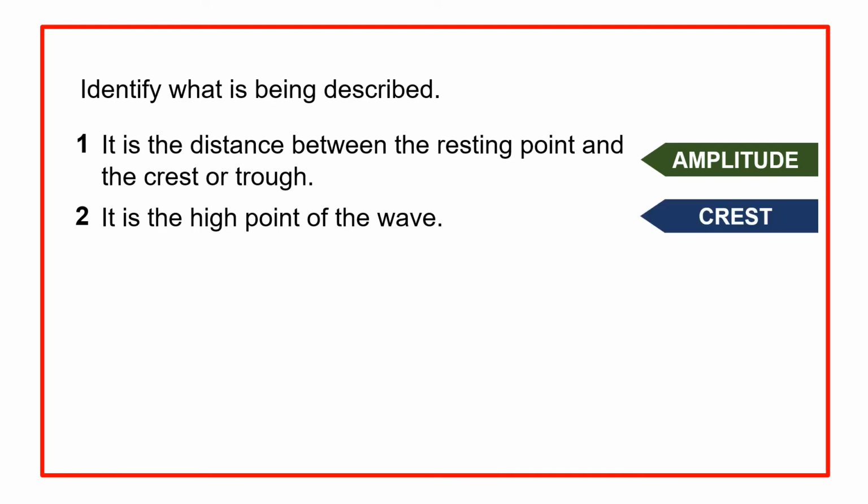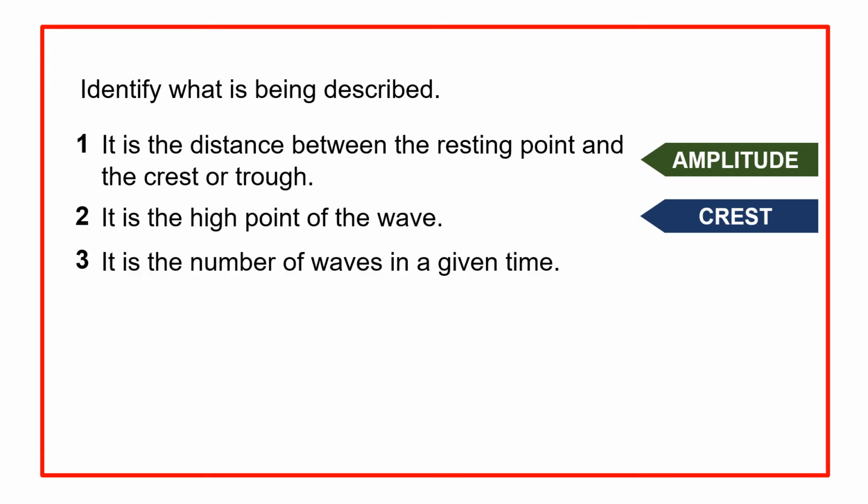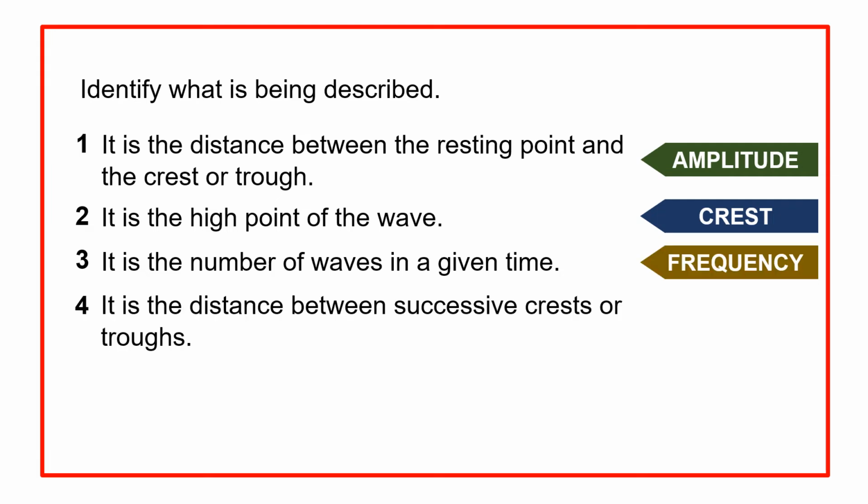Did you say crest? Then you are correct. Third, it is the number of waves in a given time. Frequency. Fourth, it is the distance between successive crests or troughs. Wavelength.